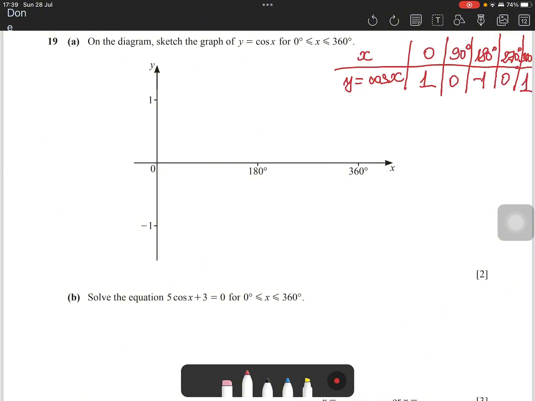So we plot these points: (0, 1), (90, 0), (180, -1), (270, 0), (360, 1). So I'll join these points together.